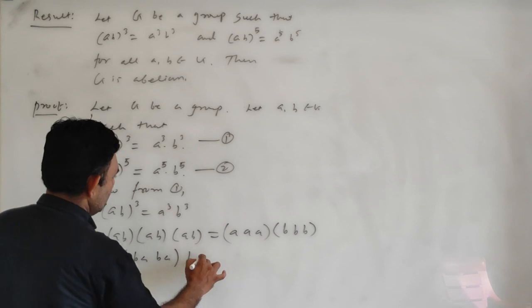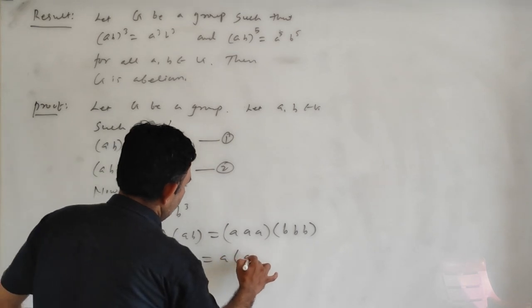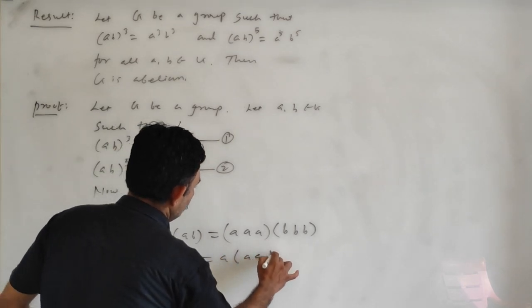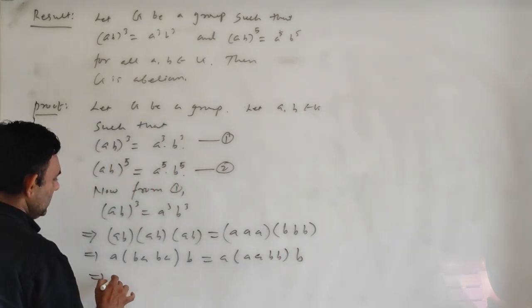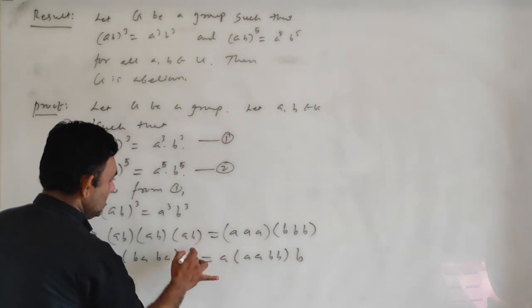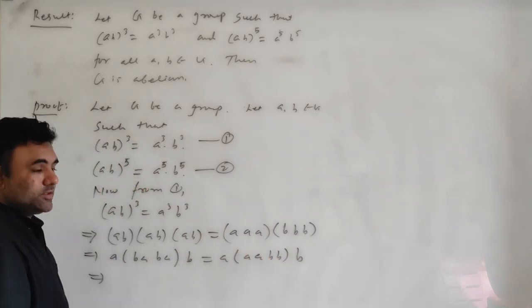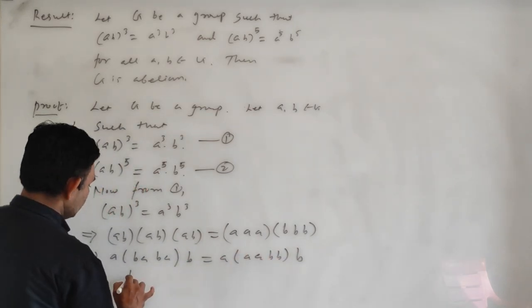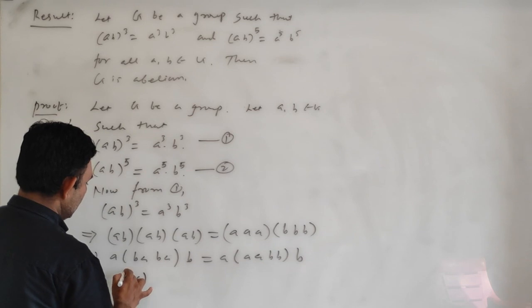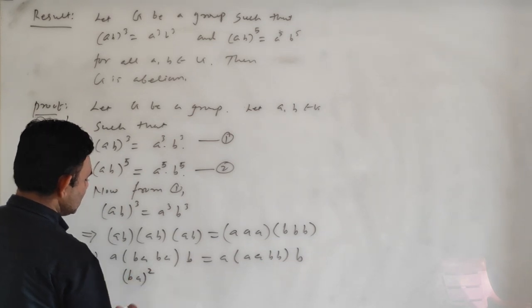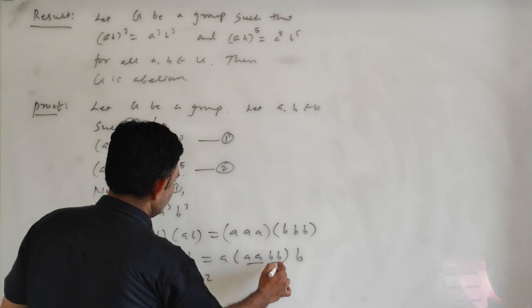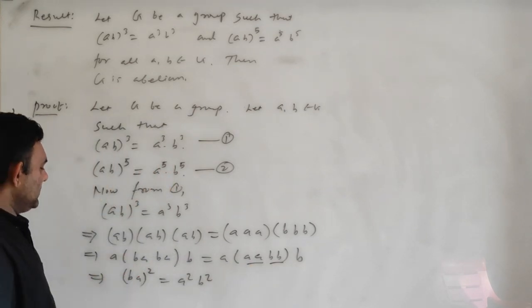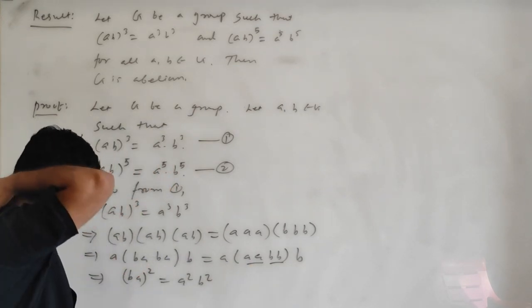Then here I have A, A and B, B. So AA cancel, BB cancel by cancellation laws. So it is BA into BA, that is (BA)^2, equal to A^2 B^2.